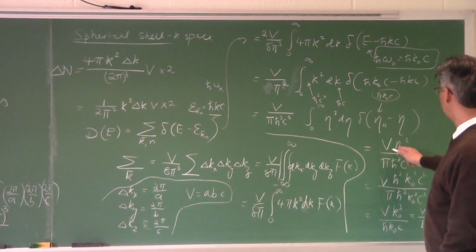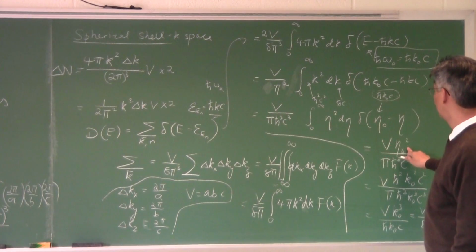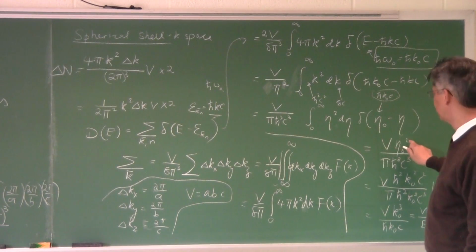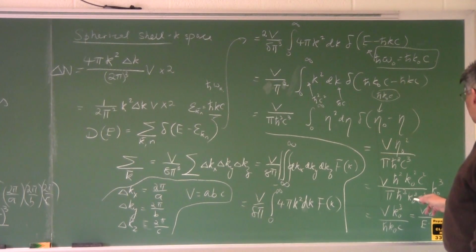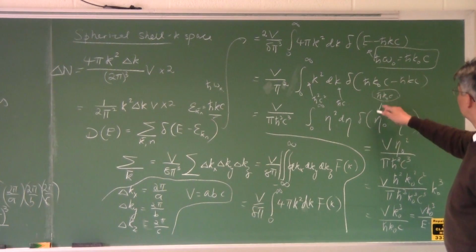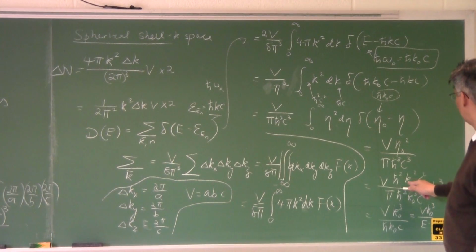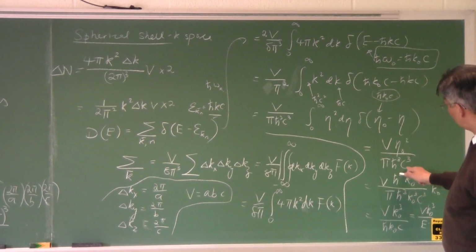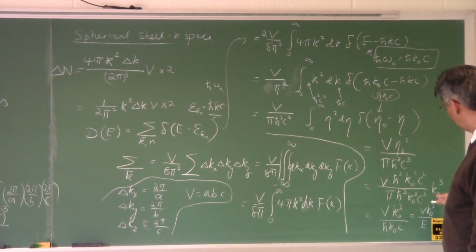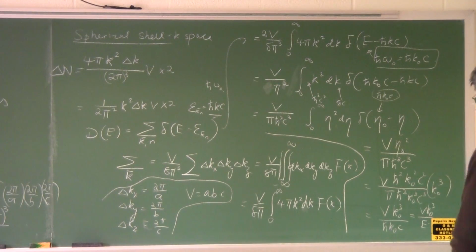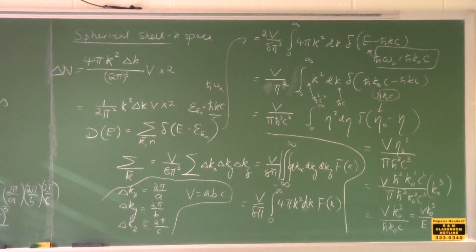And then when I integrate, I should get eta naught squared by the shifting property of the delta function. And then at this stage, I say eta naught is just equal to that, so it's h squared k naught squared c squared, and then the denominator is h cubed c cubed. I put a k naught cubed here, put a k naught cubed out there. And then now I can cancel these two, leaving me behind with that. And then when I integrate this, I should have this as the number.